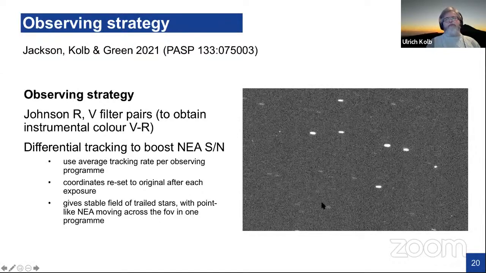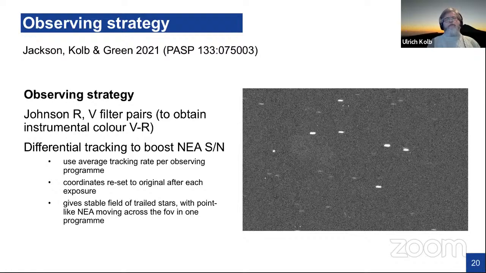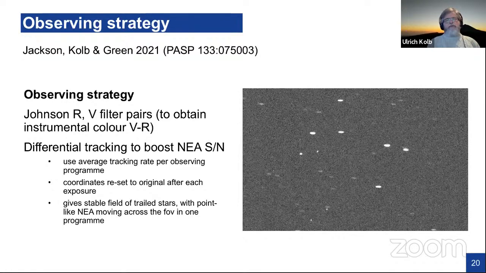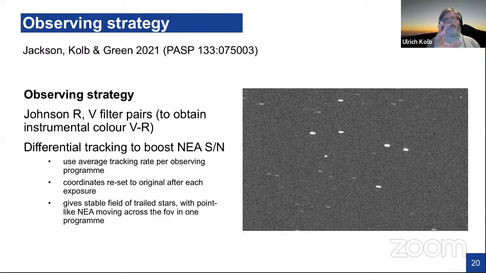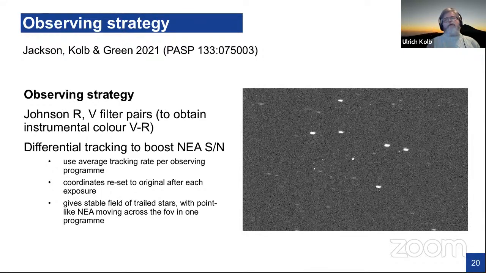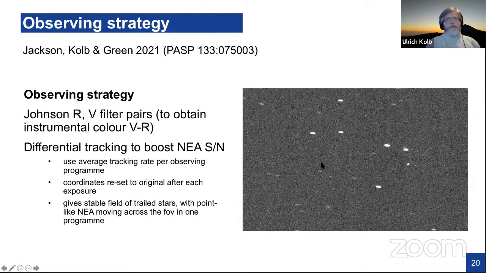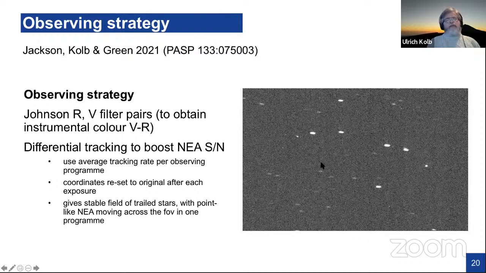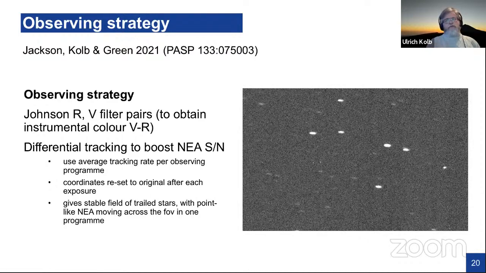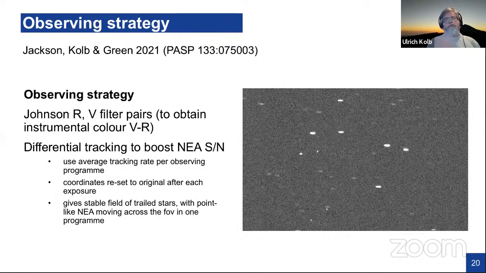And so therefore, the kind of animations you may see coming out of Pirate when it observes asteroids are like this, where you have a set of trailed stars and a point-like asteroid going through the field of view in this way, okay? So the advantage of doing it this way is there is a stable field of trailed stars, which allows one to do good photometry on this particular field.